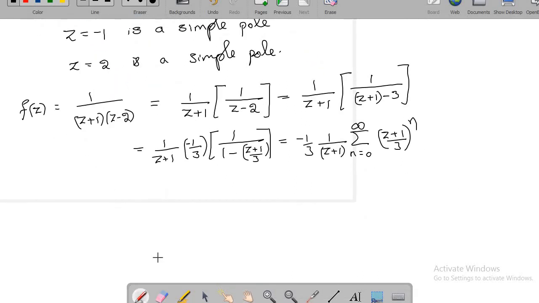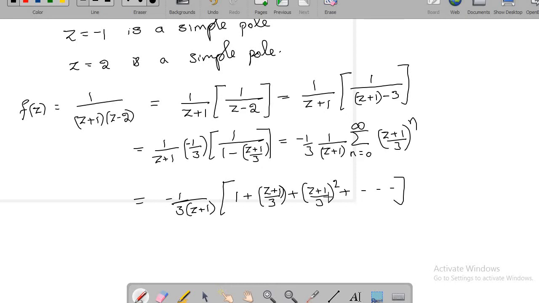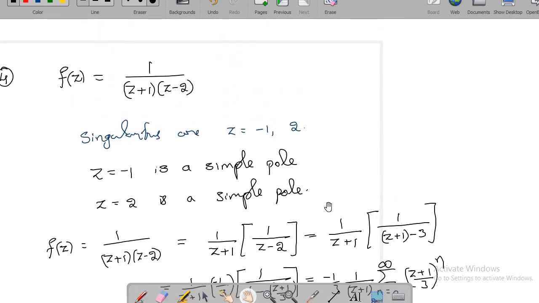Now when you write the expansion, negative 1 by 3 into 1 by (z plus 1), multiplied with 1 plus (z plus 1) by 3 plus ((z plus 1) by 3) whole squared plus and so on. And you can see when you multiply with 1 by z plus 1, you'll have only one term, that is 1 by z plus 1, and the rest is the analytic part. Therefore it is a pole of order 1. It is a simple pole. z equal to minus 1 is a simple pole. Similarly, you can see that z equal to 2 is also a simple pole.